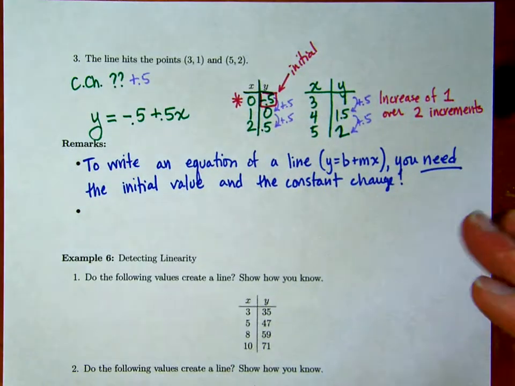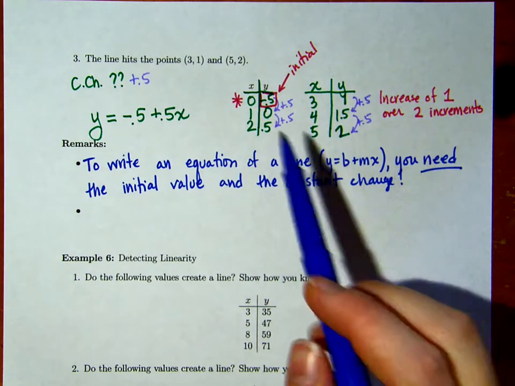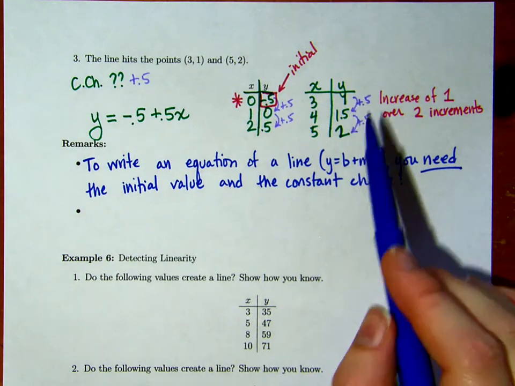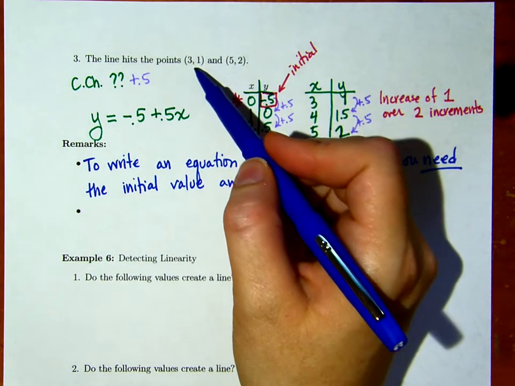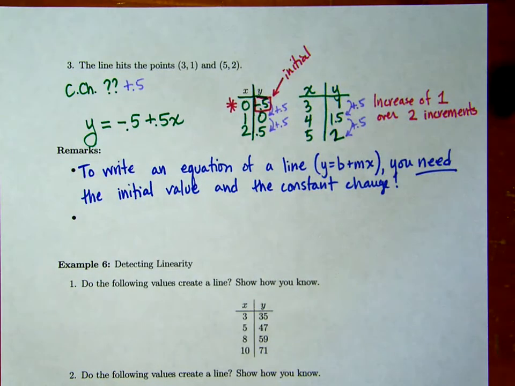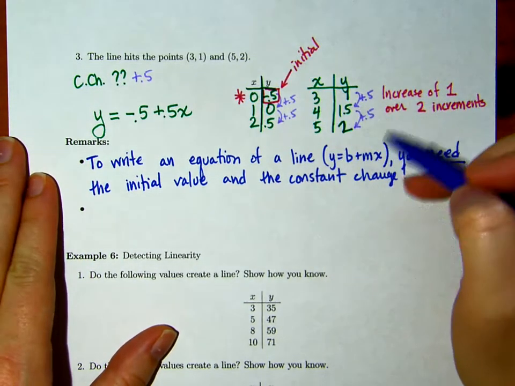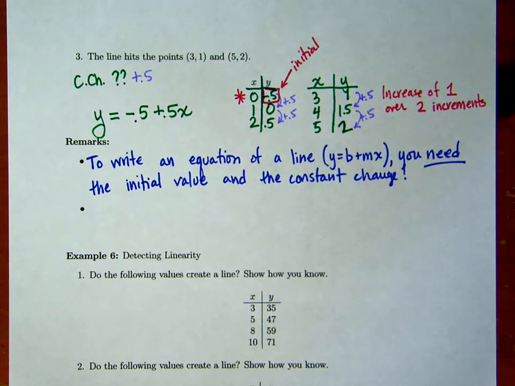But the reality is, even if we're given 2 points, we can find those. We can find the initial value like we did here, and we can find the constant change, based on being given 2 things of information. And I'm reminded that I've been told, if you have 2 points, you can find the equation of a line. 2 points regardless of where they are, which is absolutely true, because from these 2 points we can find the constant change, and from the constant change we can find the initial.